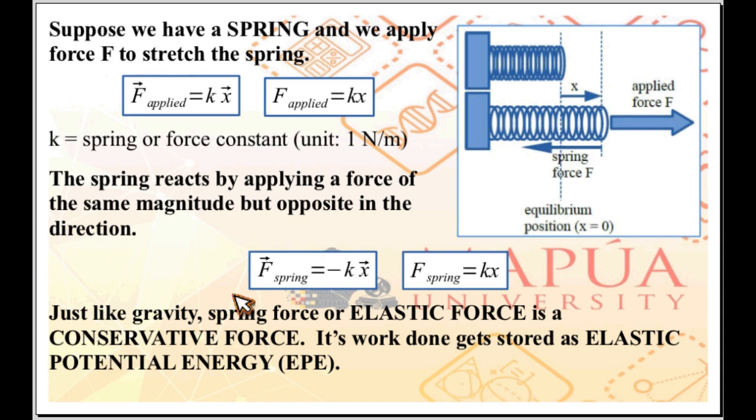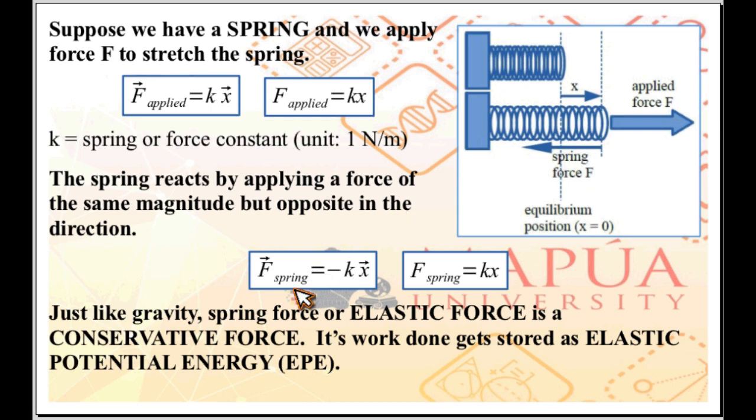Thus, we have F spring is equal to negative kx, same magnitude as F applied, but opposite in direction. Note that the minus sign does not mean negative direction. It means opposite direction of x. Since x is heading in this direction, F spring will be heading in the opposite direction.